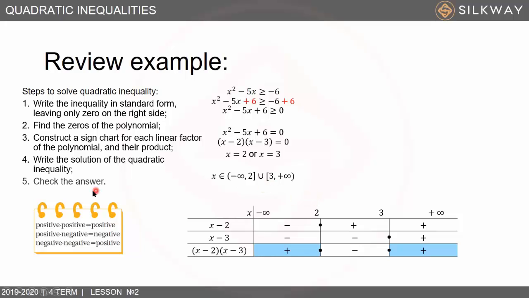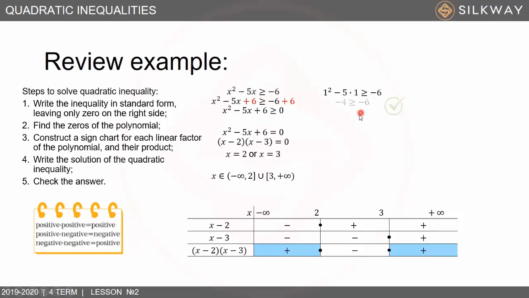Okay, next we check the answer. Let's take one number from this interval. For example, 1. We'll put 1 instead of x. 1 squared minus 5 multiplied by 1 greater than or equal to minus 6.